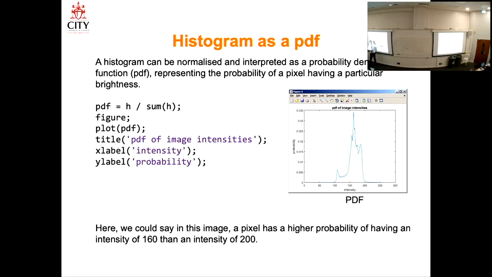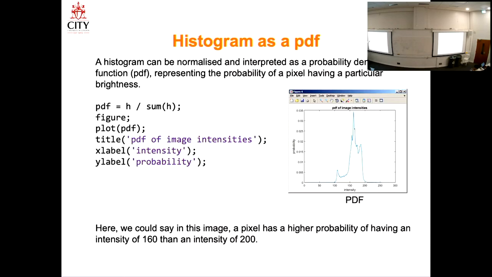So it gives you a probability distribution. And this is just a simple code to show you how you can make a plot in MATLAB. So you just say whatever variable name you want to give it, PDF or whatever, probability distribution function, equals h over sum of h. So it just calculates the whole matrix sum.